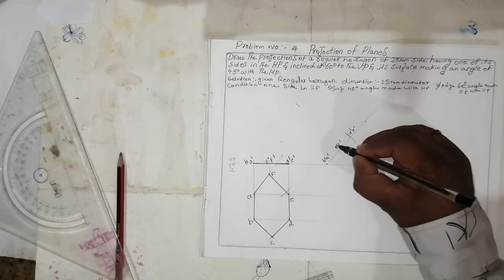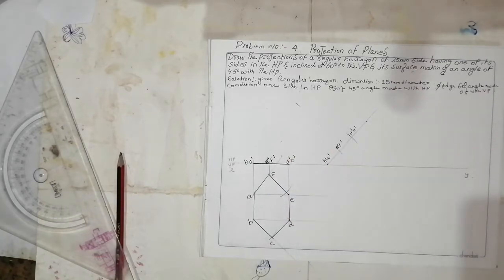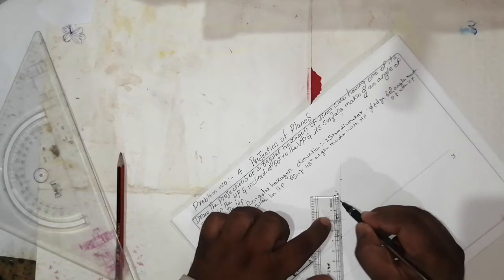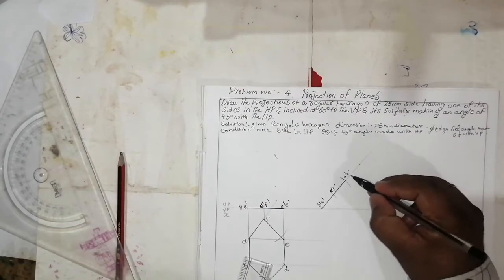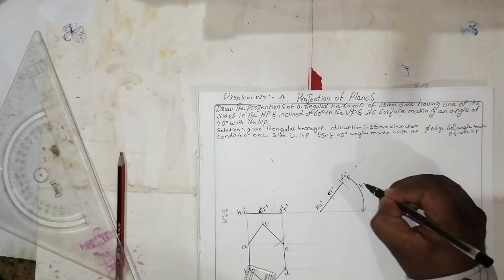Sorry, this is a C. You will get the points like this. So it's going to be a 45 degree.